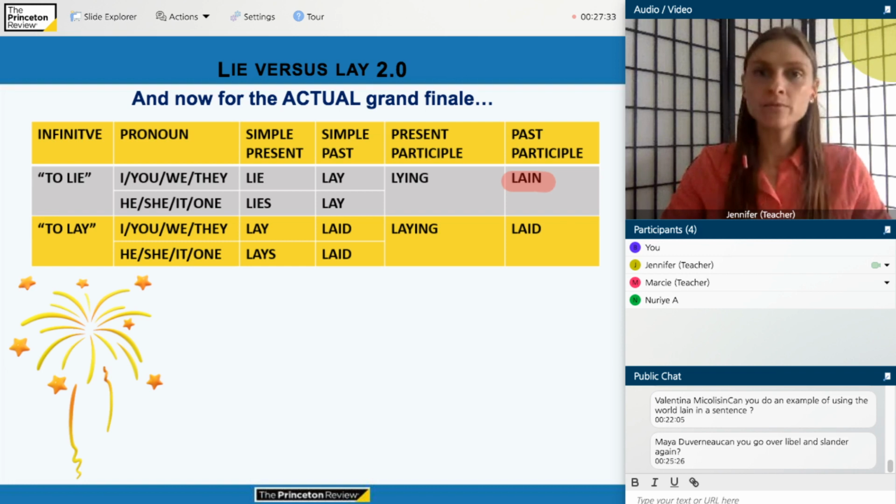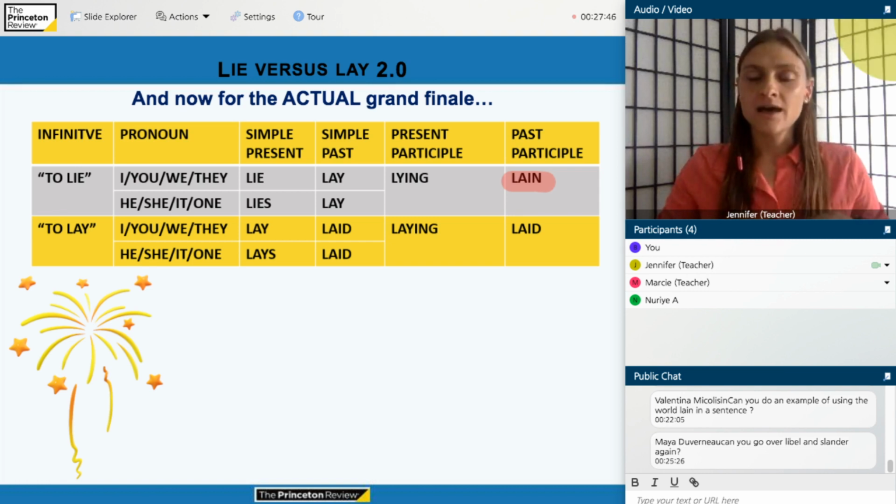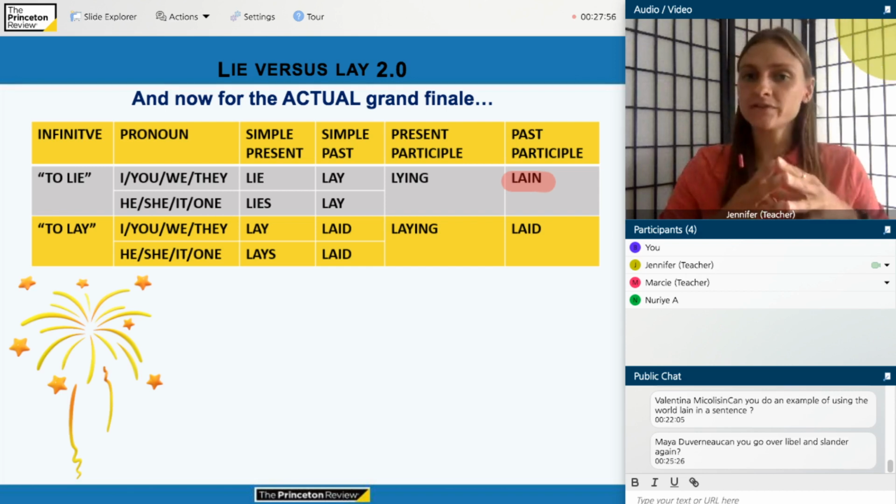You're going to have some form of the verb to have, and this is going to form a different tense. It's not your simple past. It's going to be one of the other more complex tenses. So I could say, I have lain on this grass for a long time, for example. So you always have to have a word in front of it when you're dealing with a past participle.